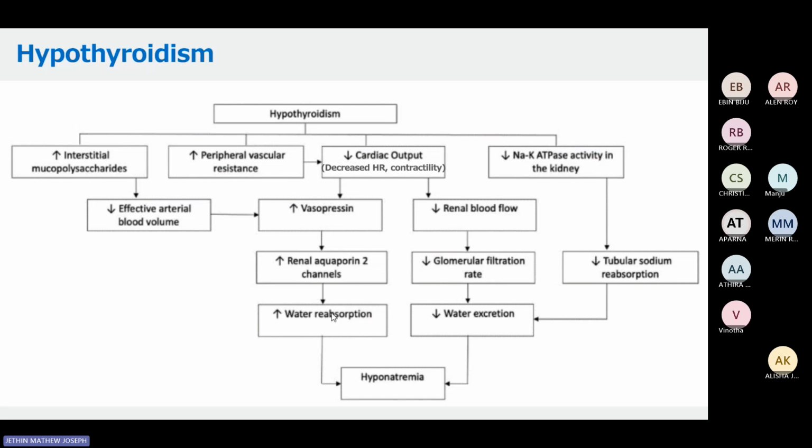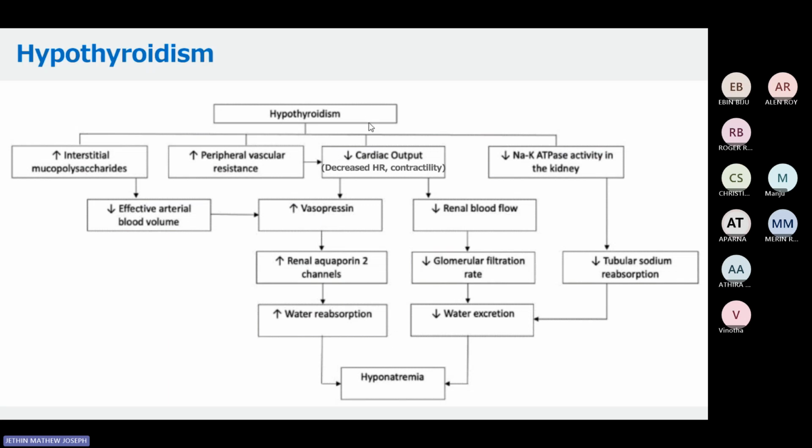More ADH means more water reabsorption, and more water reabsorption means dilutional effect and hyponatremia. Decreased cardiac output can also decrease renal blood flow, and decreased renal blood flow means decreased GFR. Decreased GFR means decreased water excretion, and increased water is being retained. That is also going to cause a dilutional effect and hyponatremia.